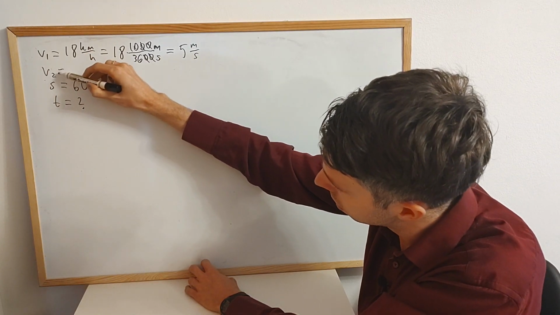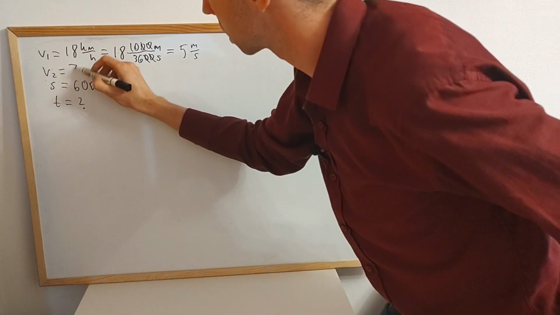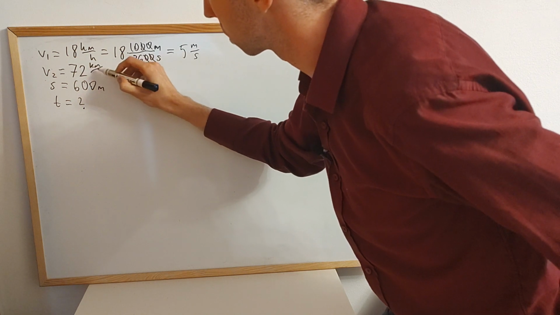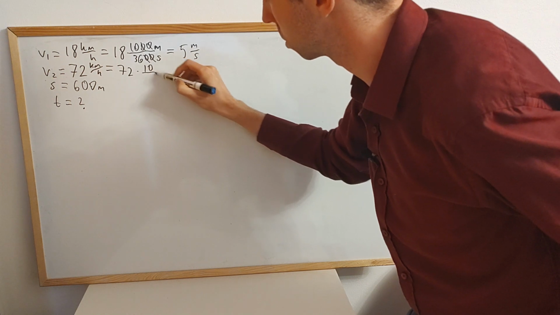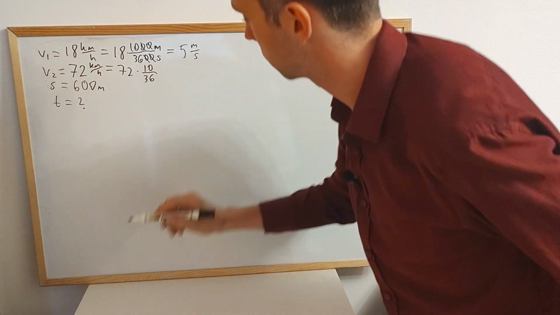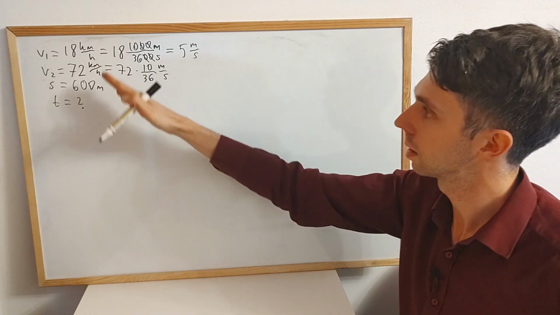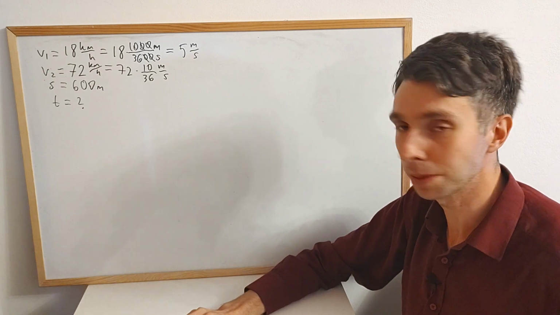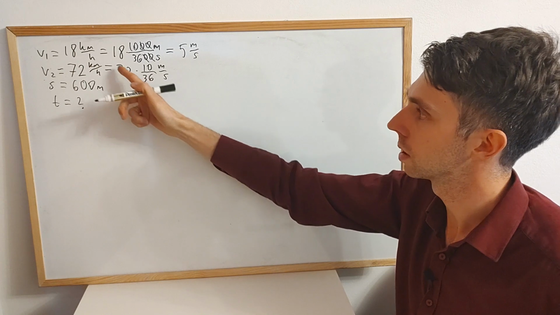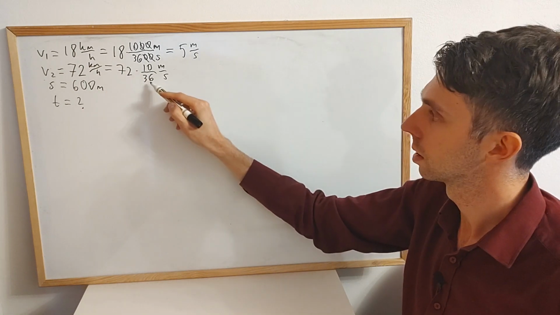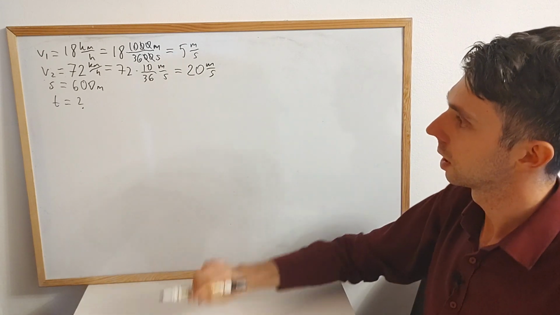And final speed of the car after this 600 meters was v2, 72 kilometers per hour. So you know from this that this is 72 times 10 divided by 36 meters per second, and numbers are nicely chosen so that you can also reduce 72 with 36, so it's 2 times 10, so it's 20 meters per second.